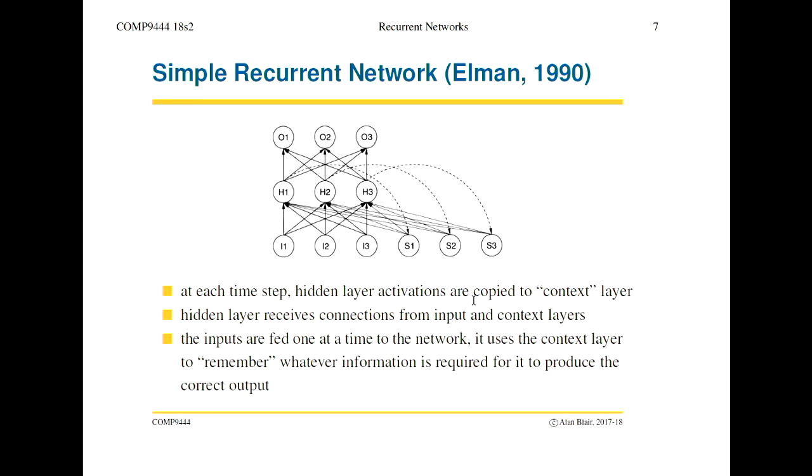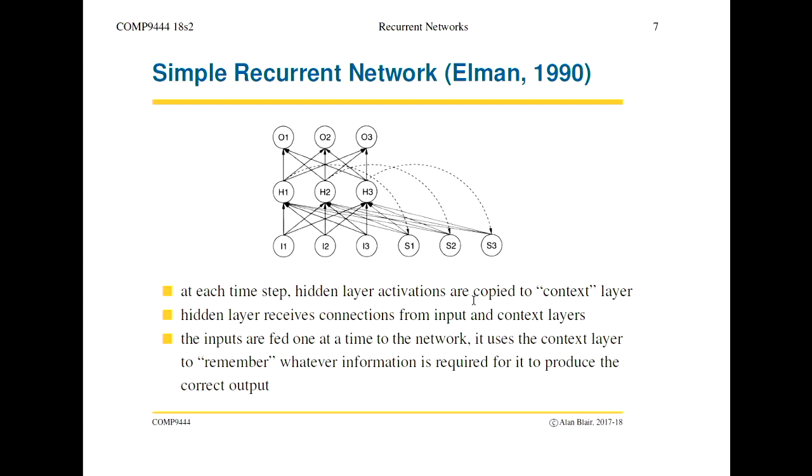There are a couple of different ways to describe it, but probably the most straightforward is to say that the hidden units from the previous time step are copied to another set of units, which are called the context units. And then at the next time step, the input is presented, and both the inputs and the context units are connected to the hidden units.